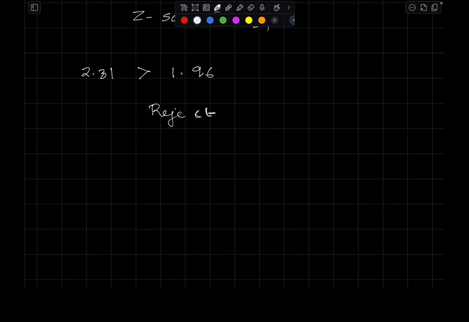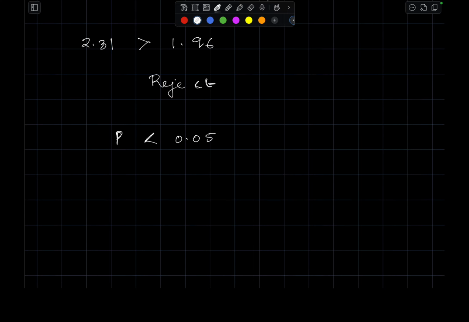And here the p-value is less than 0.05 because we are going to reject, right? So we got the conclusion that the p-value is less than 0.05.